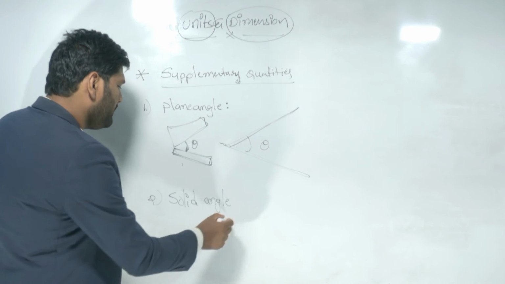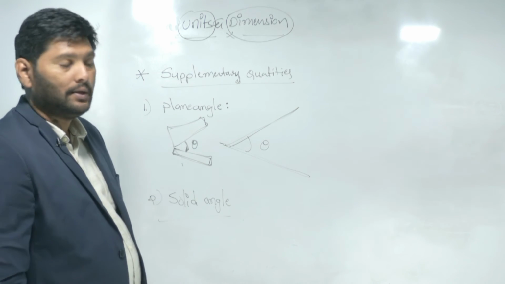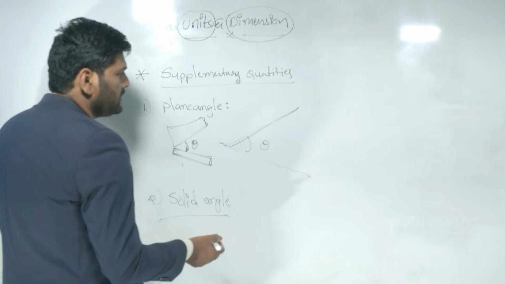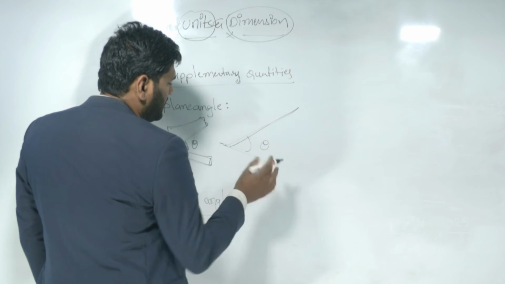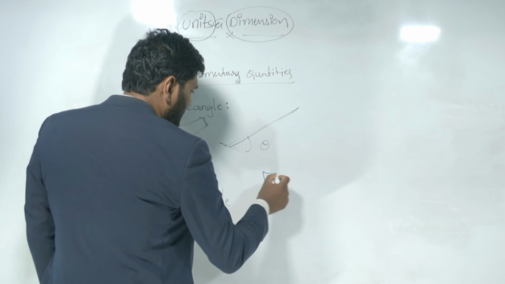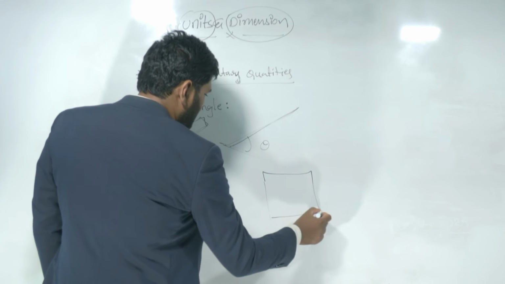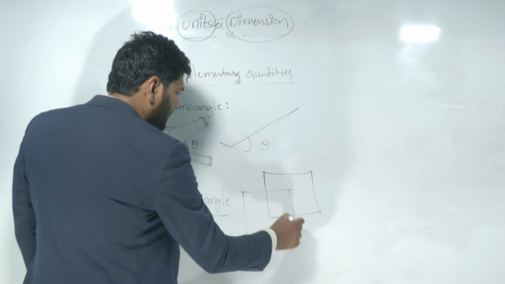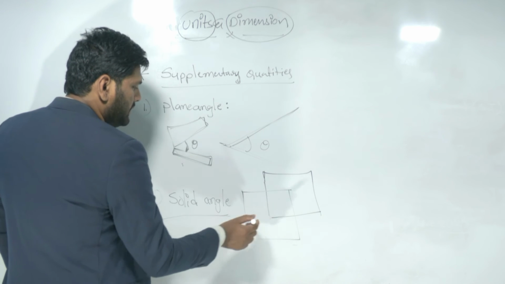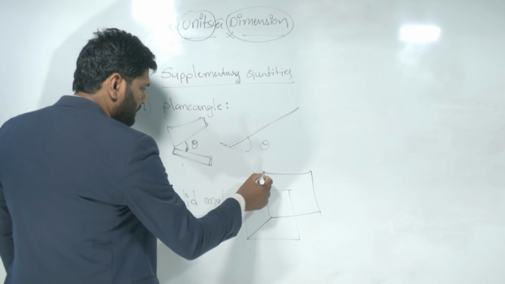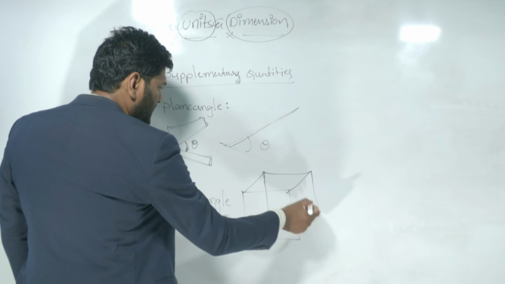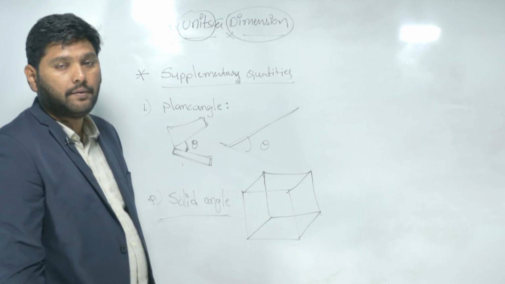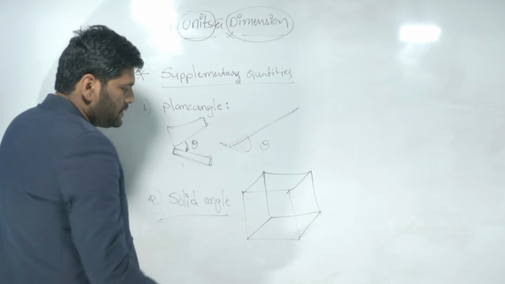And next, how can you define the solid angle? Observe the diagram here carefully. Imagine this is a three-dimensional object. I hope it is visible clearly. It is like a cuboid.